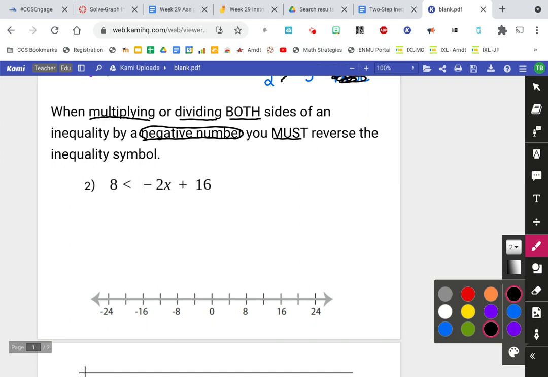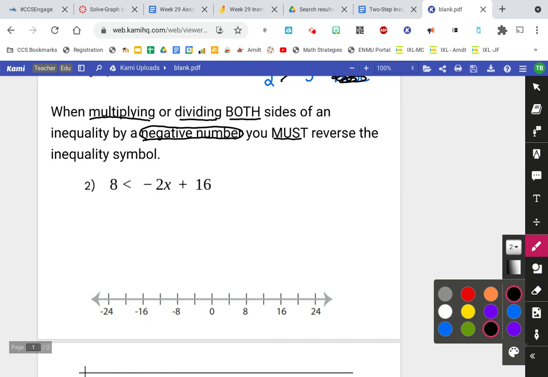And you have to multiply and divide both sides, not just one side, by a negative number. It says nothing about a positive number. You must reverse the inequality symbol. And if you do not reverse that inequality symbol, what you are essentially doing is producing a false statement. All right, and that's why your answer would be incorrect.